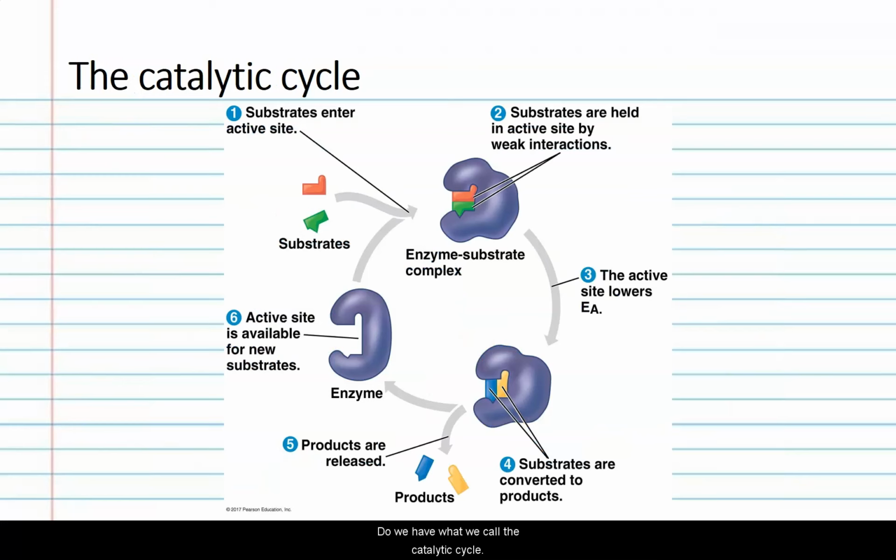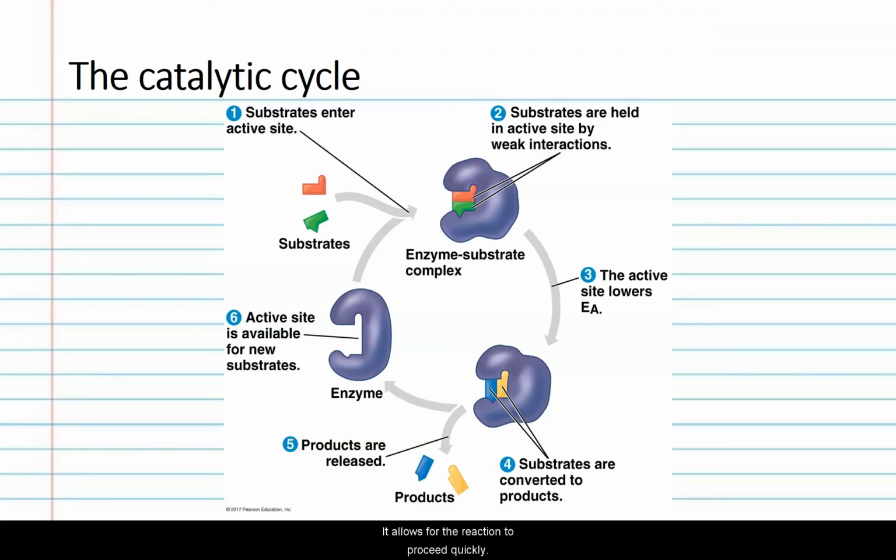So we have what we call the catalytic cycle, where you have substrates, right? And you can have one, you can have two, it depends on the enzyme, you can have three or more even. The substrates bind to the enzyme at the active site. Once you have the binding at the active site that distorts the shape of the enzyme, you get that induced fit that in turn lowers the activation energy.